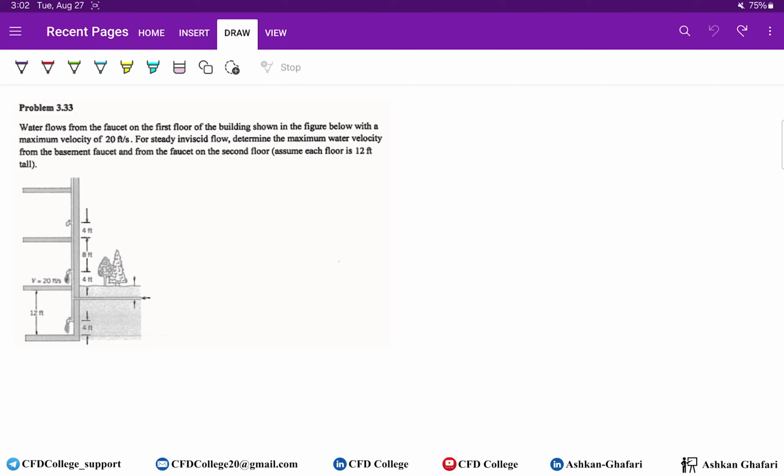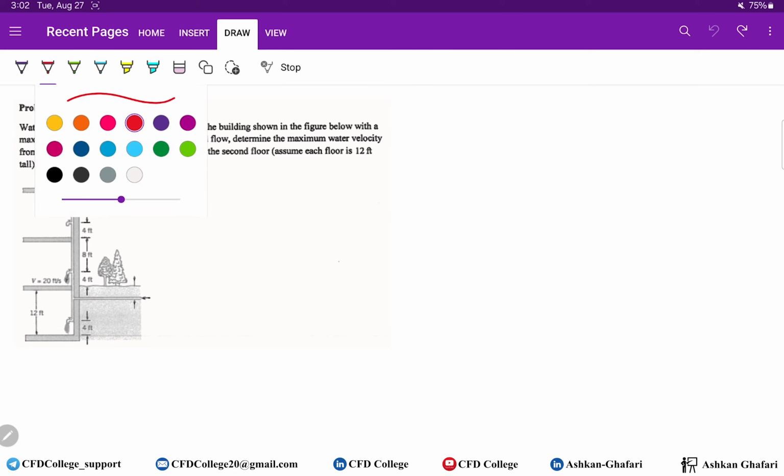When we have a fluid flow, most of the time in Fluid Mechanics 1 we should use the Bernoulli equation. You will see we have other types of Bernoulli equation, which we call the energy equation, and we will deal with that in future chapters. But in this chapter, we should work with the Bernoulli equation.